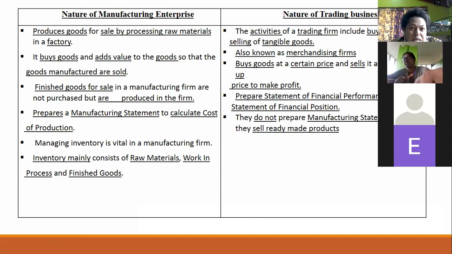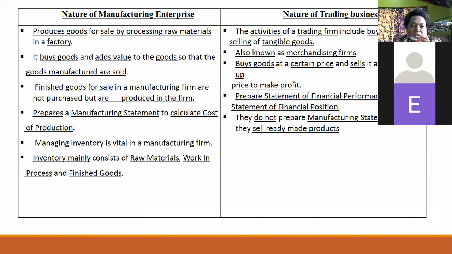All products that come through a manufacturing enterprise come in the form of raw materials. Then they go through certain processes. Economics comes in here: primary production, secondary production, and tertiary production.